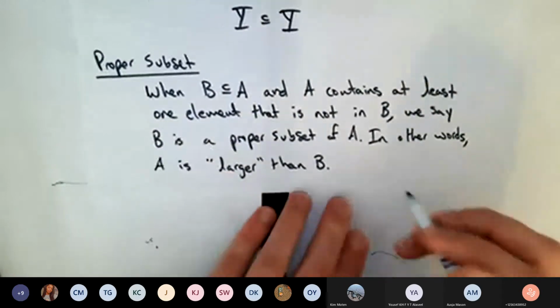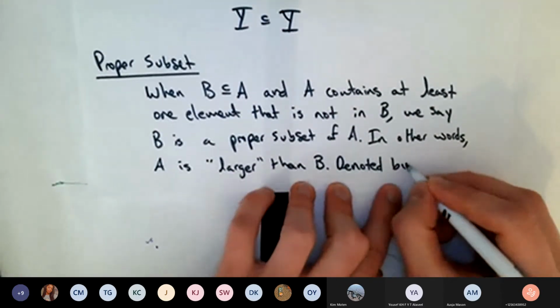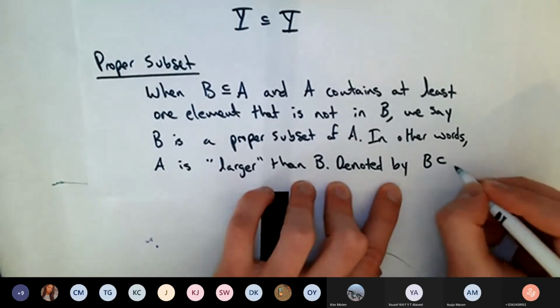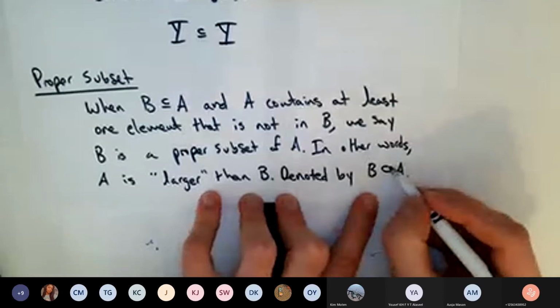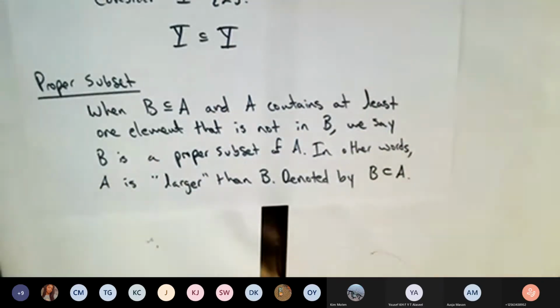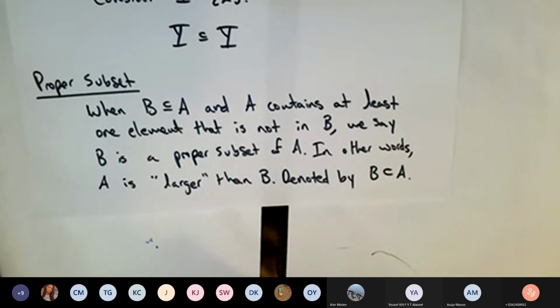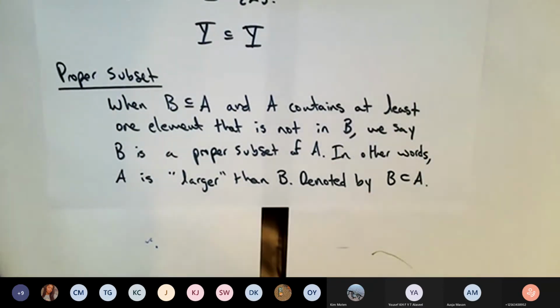And by the way, we denote this very similarly to subset, except it doesn't have the line under it. So it's just this symbol: B is a proper subset of A. The definition of subset allows for this technicality where you can say a set is a subset of itself, but this gets rid of that technicality. A set is not a proper subset of itself.